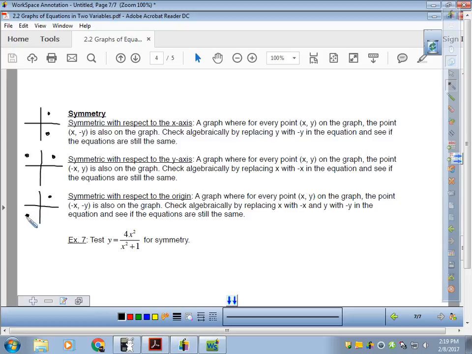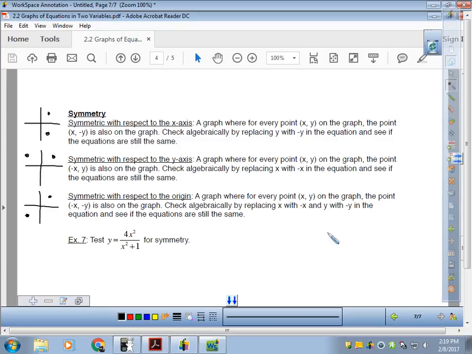Okay. Now what that means is, because it flipped over here, the x changed signs, but then when it flipped down here, the y changed signs. So how we check it algebraically is by replacing the x's with negative x's and replacing the y's with negative y's. And that'll let us see if it is symmetric with respect to the origin.